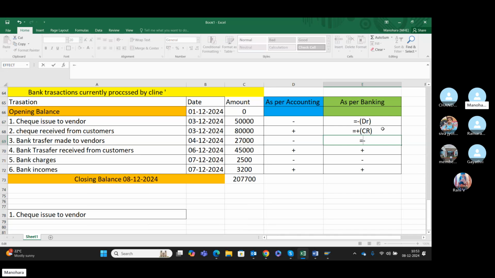Minus means what, as per banking? Tell me. Debit or credit? A bank transfer received from customer as per banking, it's an income or expense? It's a plus or minus? It's a plus. Plus means as per banking, credit, right?